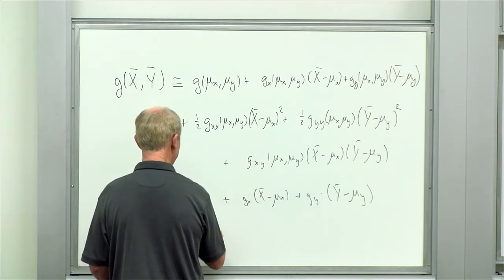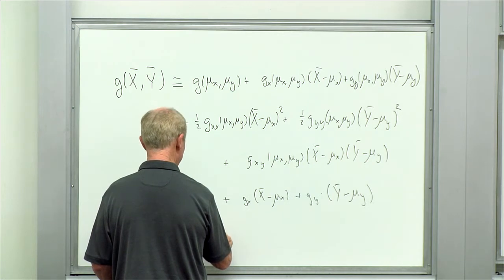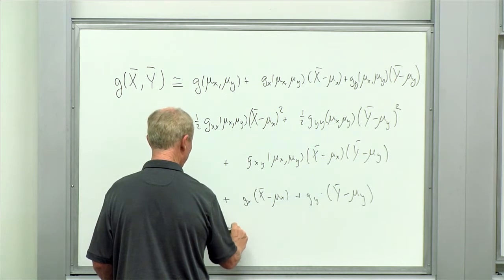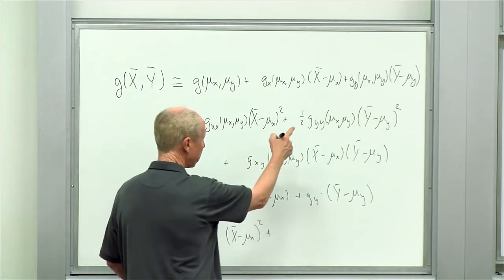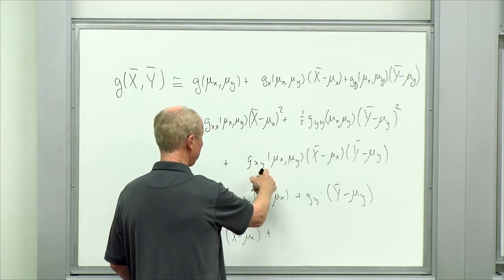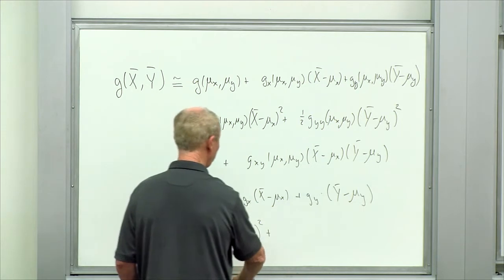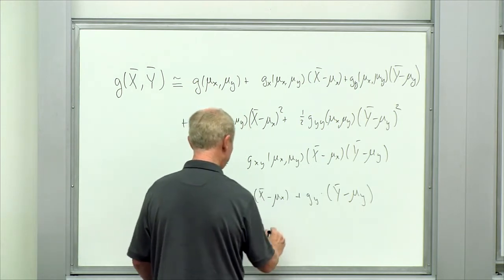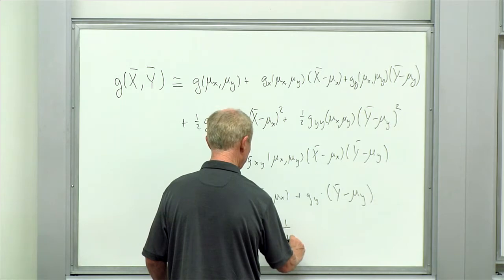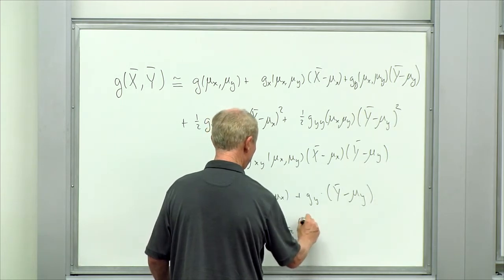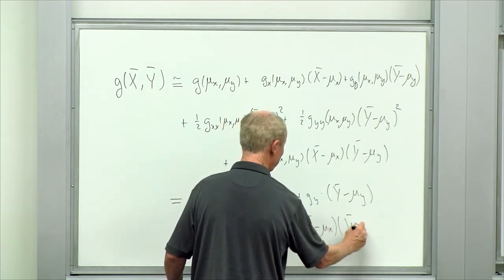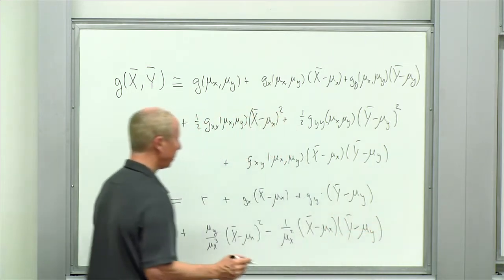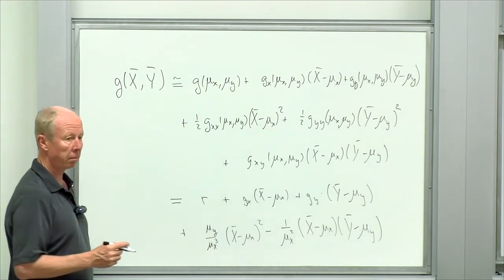So multiplying by half, I get mu y over mu x cubed times x bar minus mu sub x squared. This one is 0. And then this one was minus 1 over x squared. So here I get minus 1 over mu sub x squared, x bar minus mu x, y bar minus mu y.